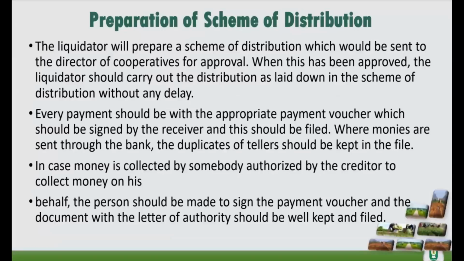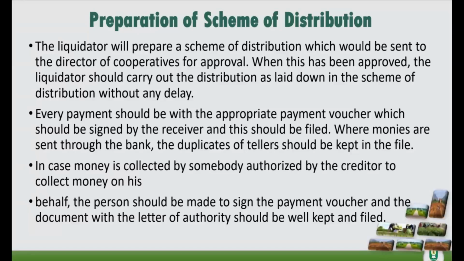Now, preparation of the scheme of distribution. The liquidator will prepare a scheme of distribution which will be sent to the director of cooperatives for approval. When this has been approved, the liquidator should carry out the distribution as laid down in the scheme without any delay. Every payment should be made with the appropriate payment voucher, which should be signed by the receiver, and this should be filed.